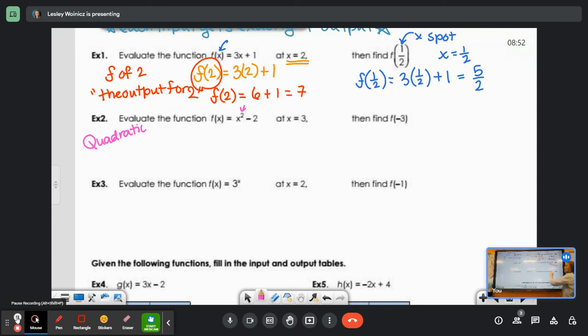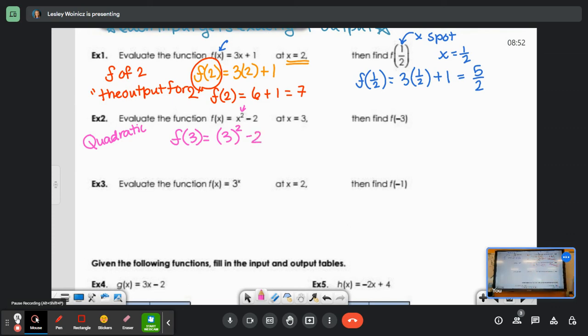This is actually a little quadratic function, if you can believe that. Okay, so we want to find f of 3. So the output for 3 is, plug in the 3, square the 3, and then subtract 2 from that.